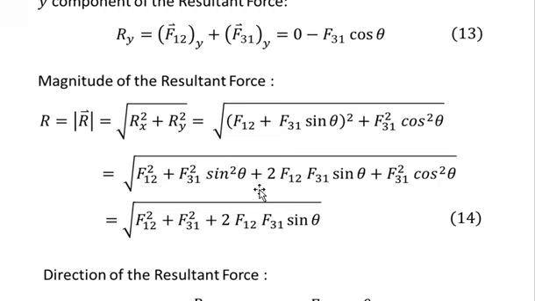Now I can combine F31 squared sine squared theta and F31 squared cos squared theta, because F31 squared is common, and the terms will be sine squared theta plus cos squared theta, which is equal to 1. So I have written F12 squared plus F31 squared plus 2 F12 F31 into sine of theta.